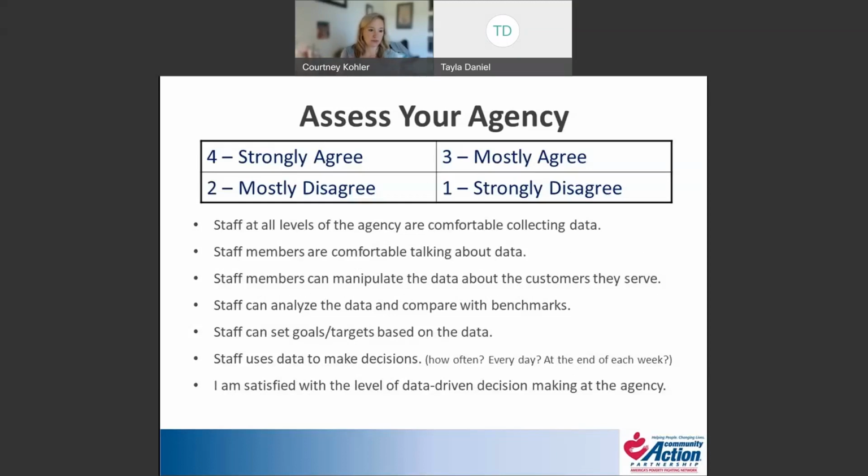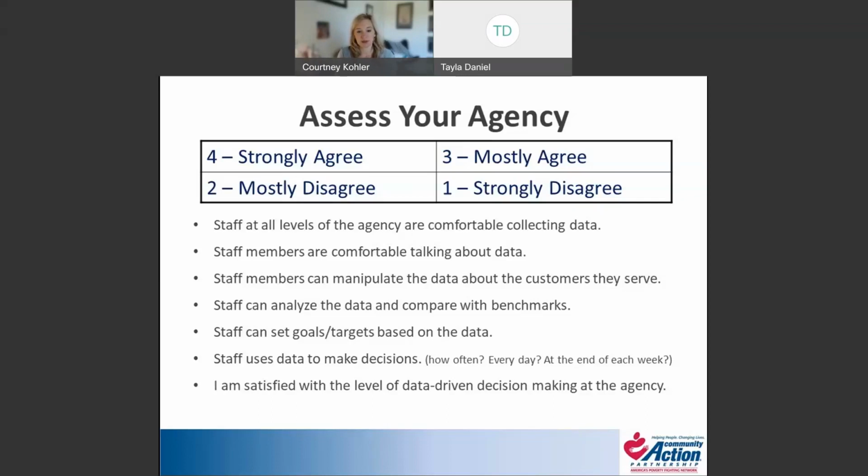So, staff members are comfortable talking about data. Do you strongly agree that your agency, as a whole, has staff members who are very comfortable talking about data, or maybe not? So see where you rate on each of these, whether you agree, mostly disagree, or strongly disagree.